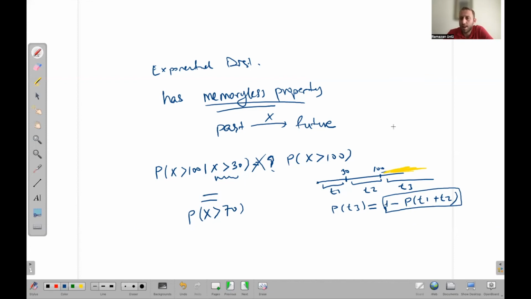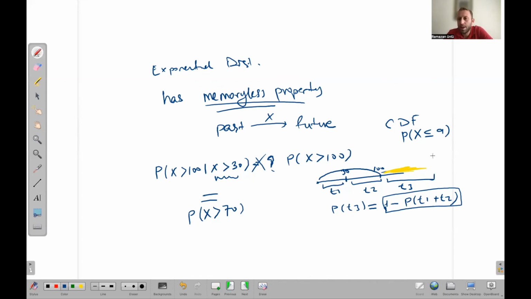Because the CDF tells us the probability that x will be less than or equal to some value. So I need to calculate the probability of this region, which means x is less than or equal to 100, okay? And when I find that probability, if I subtract it from 1, I will find T3.